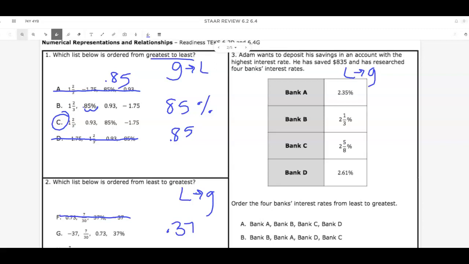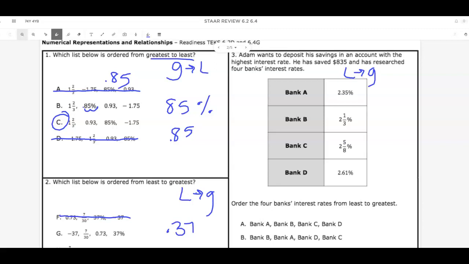Does anyone remember what 1/3 is as a decimal? Anissa, can I help her out? Go ahead, Omari. What is 1/3 as a decimal?